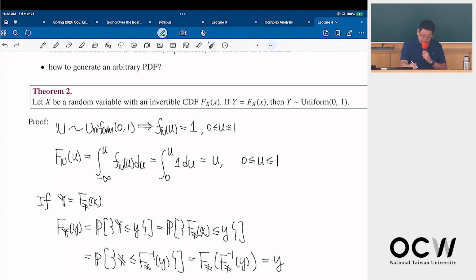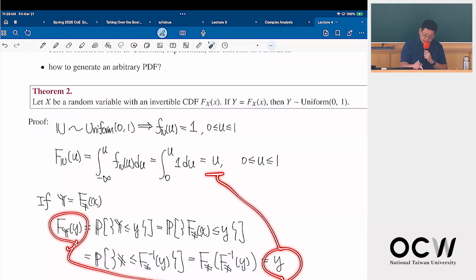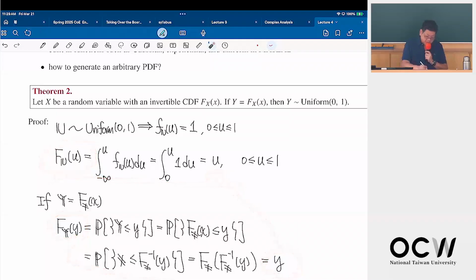And now you see the CDF is y, then y is uniform. Okay, if it is a uniformly distributed random variable, the CDF should equal something. So this is uniform.